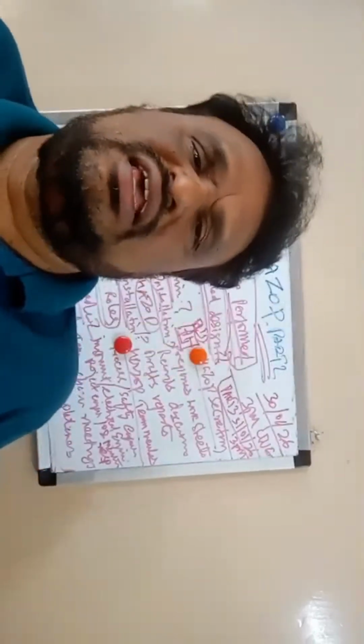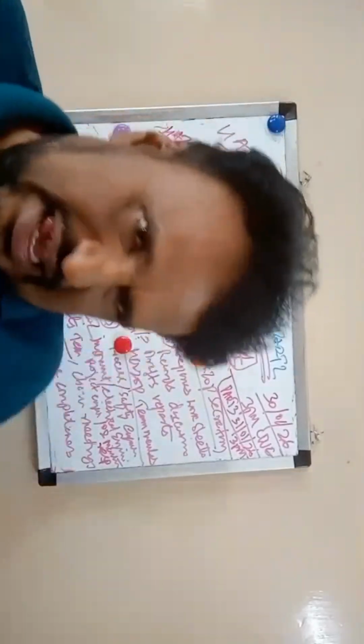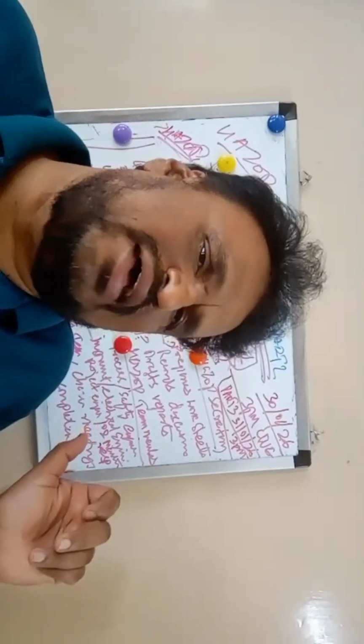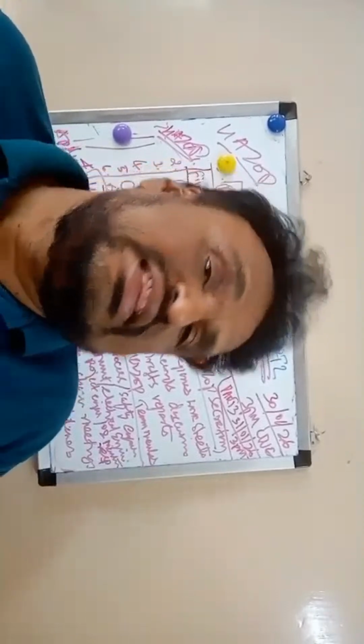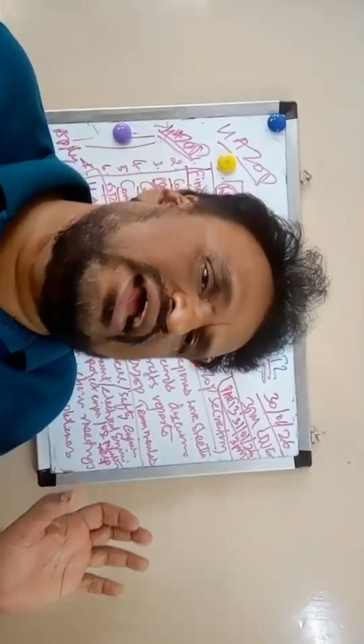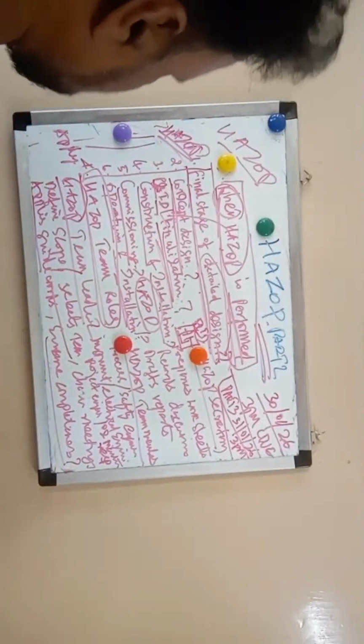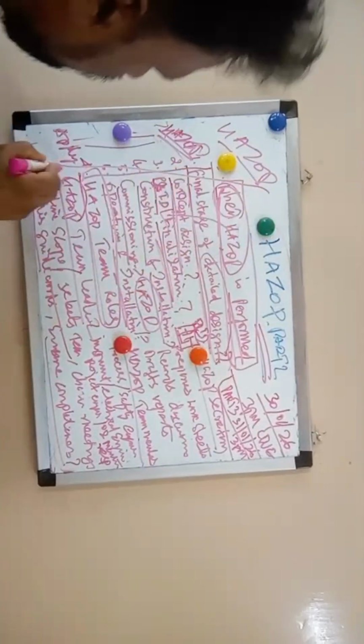Normally HSE safety has some technical safety words. Same here, HAZOP has some guide words. Those guide words are determined by the HAZOP team leader. Then he ensures the completeness of the HAZOP. He is the only person.